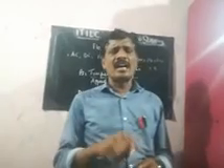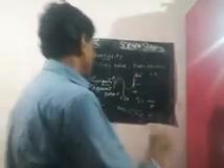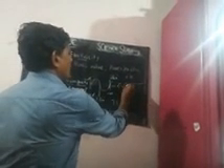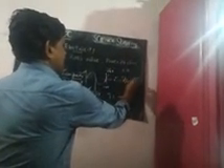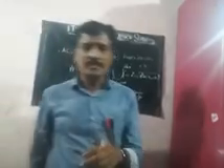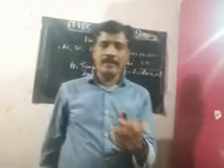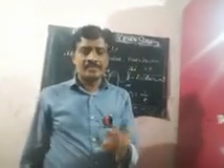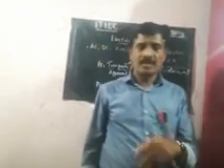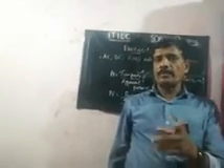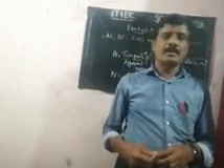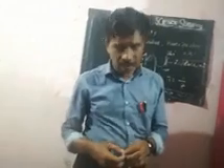Impedance is given by the equation Z equals root of R square plus (XL minus XC) whole square. XL means inductive reactance, which is 2 pi FL, where L is inductance and F is frequency. XC means 1 by 2 pi FC, where F is frequency and C is capacitance in farads.